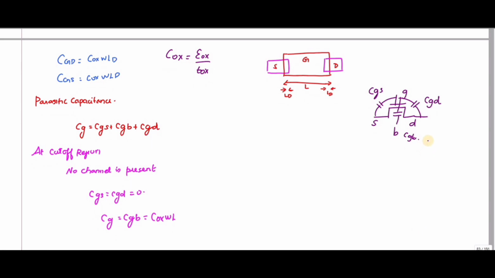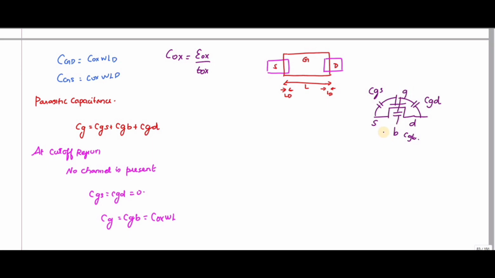So during the cutoff region, there will be no channel. Okay, if there is no channel, CGS and CGD are 0. Okay, CGS and CGD are equal to 0. I have only capacitance between G and bulk.